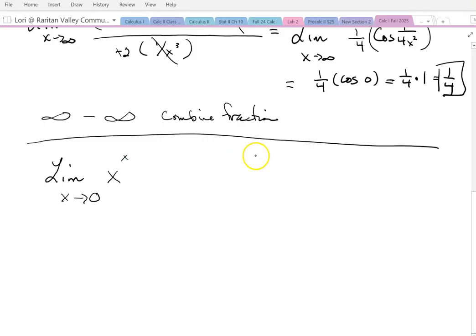Which leads us with a 0 to the 0 power. And this can come up in different forms as well. You could have something like a 1 to the infinity power, or you could have infinity to the 0 power. These are all indeterminate forms.